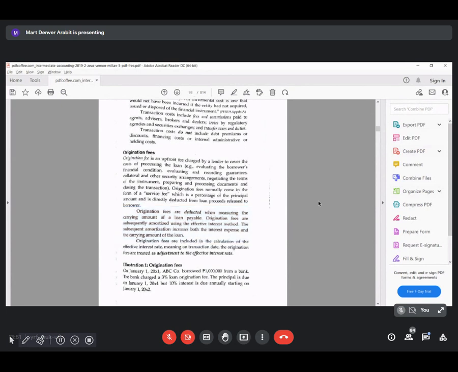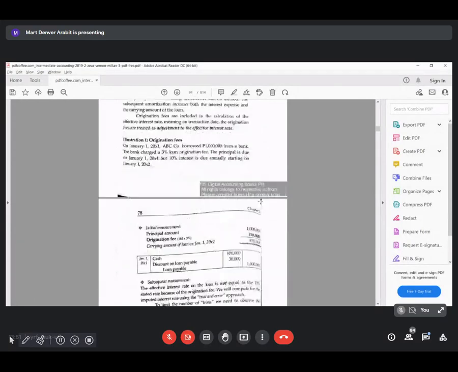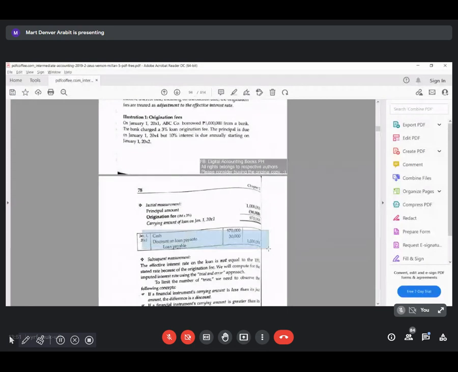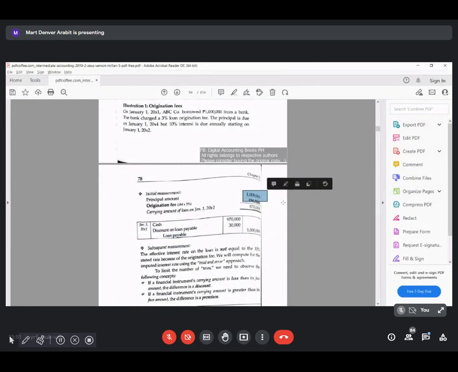So paano ba natin siya nade-deduct sa carrying amount? So nade-deduct natin siya in the carrying amount by adding it sa discount on notes payable. Ito siya. Okay. So ang principal amount niya is 1 million and the origination fee is considered to be the discount on loans payable, sorry.